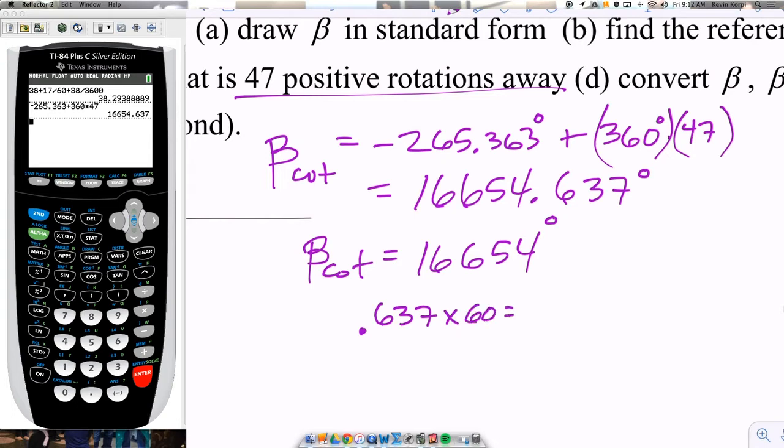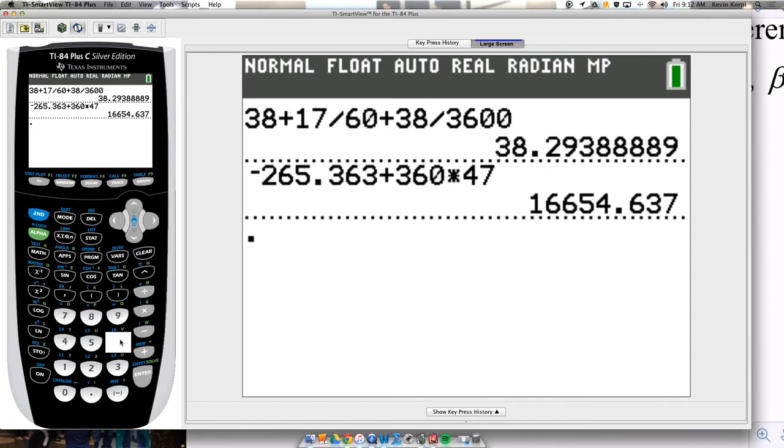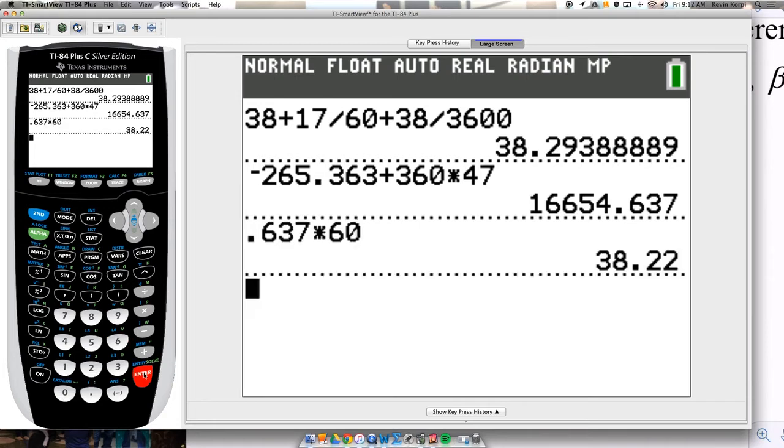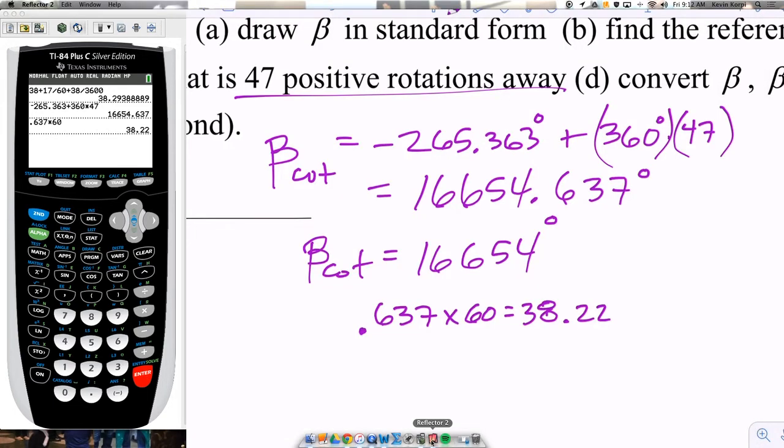By 60, right? That's all you'd have to show. So up here, 0.637 times 60. And it's going to give you the number of minutes, so it's 38.22. So you show me the result, 38.22.